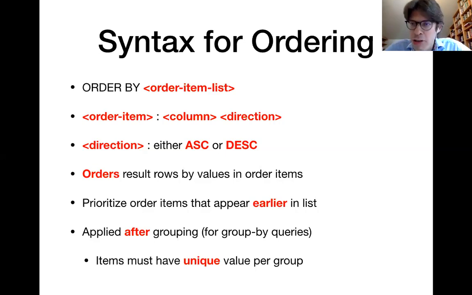And that is important because if you have a group by query, then into the order by clause, you can only put columns that are guaranteed to have the same value for any group. So basically, you can only use columns in the order by clause where all rows in the same group are guaranteed to have the same value.